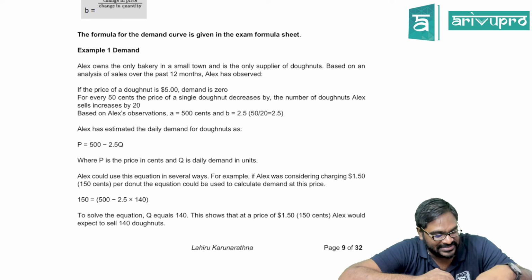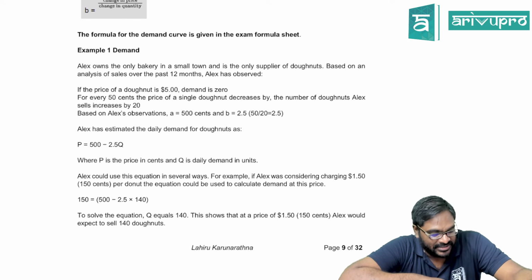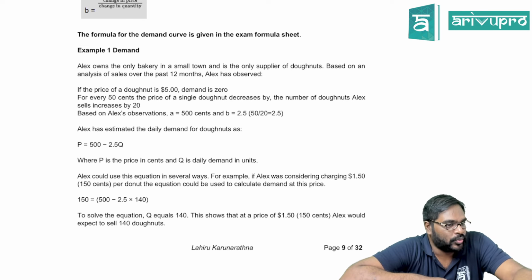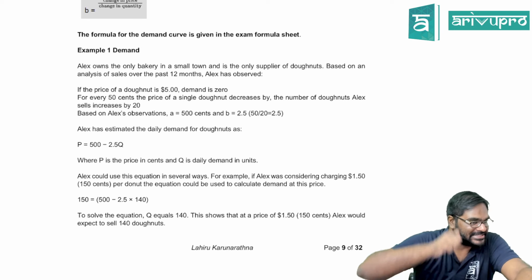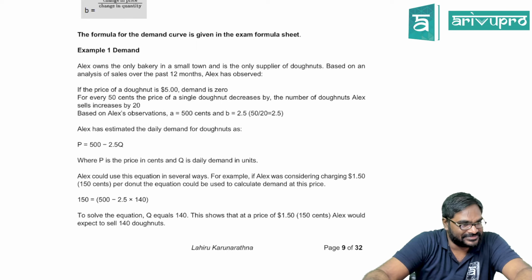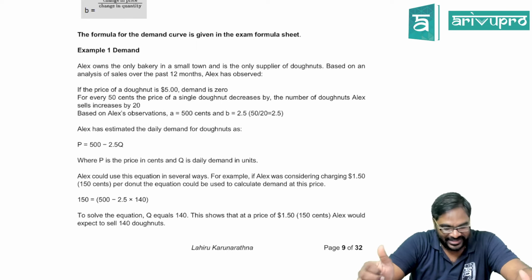So 500 cents is where the demand is 0. Sorry, demand is 0 when the price is at 500 cents. That means $5. That is A. A is clear? Balaji, are we good? Right.